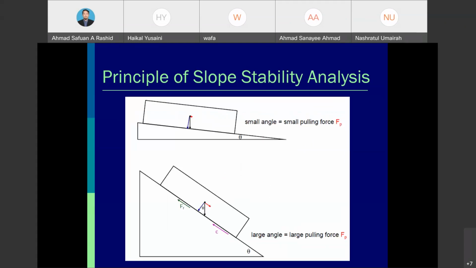So the small angle gives a small pulling force, while a large angle gives a large pulling force.